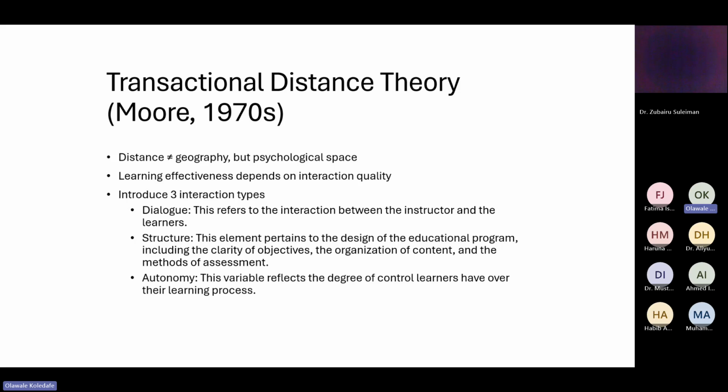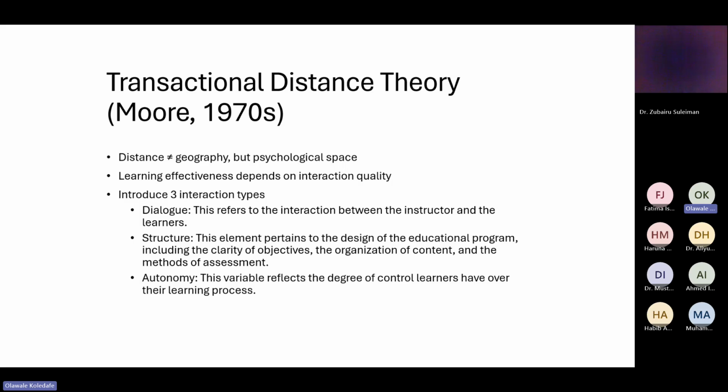Even some people believe that they will not be respected if they part with autonomy. But the transactional distance theory is telling us that that is the first thing: you switch the owner of the autonomy. The students are in charge. I am a facilitator. I am not the teacher. I am not a lecturer.